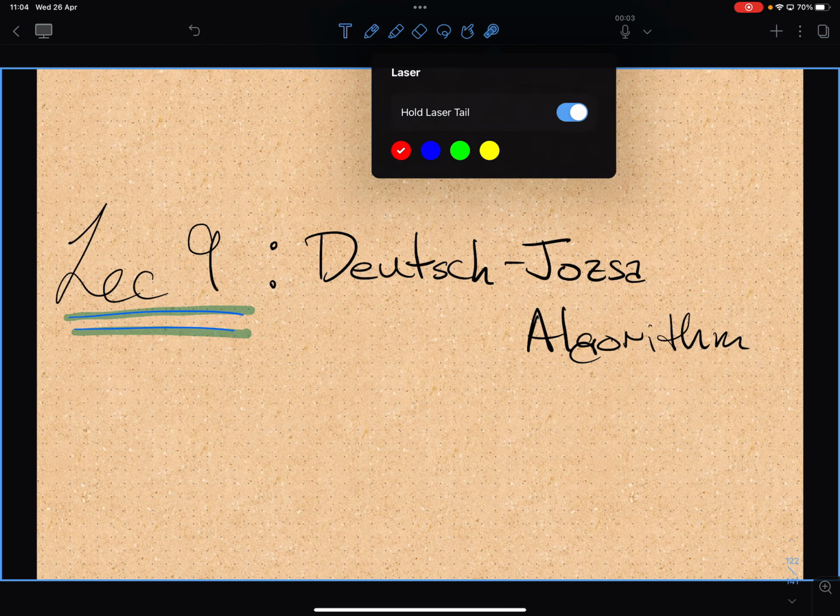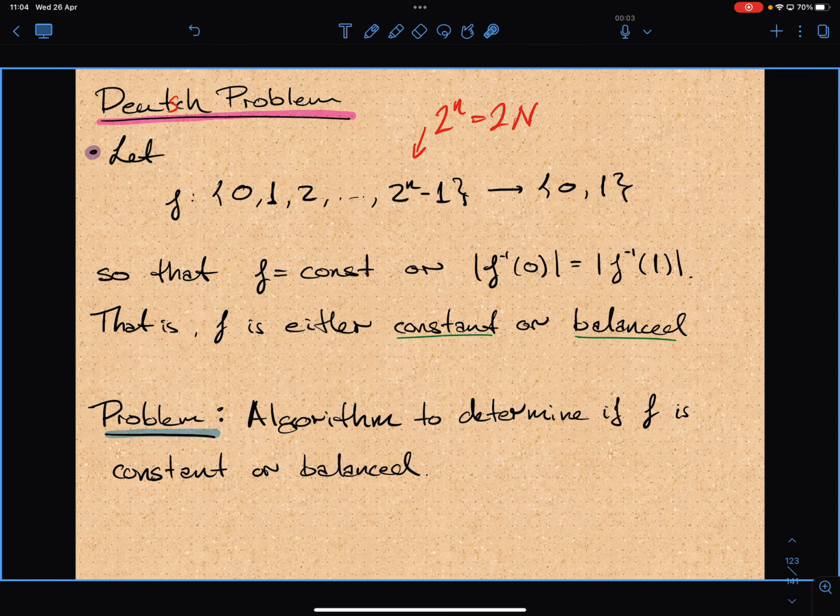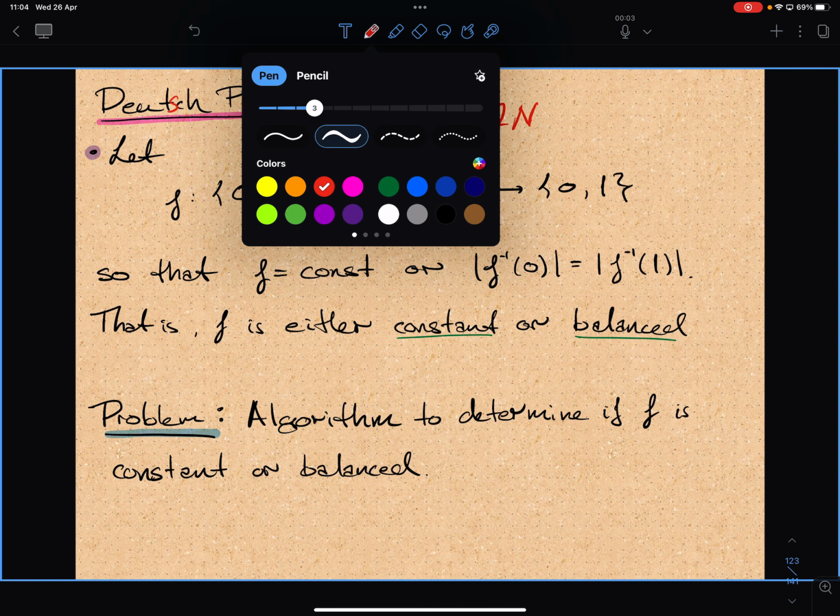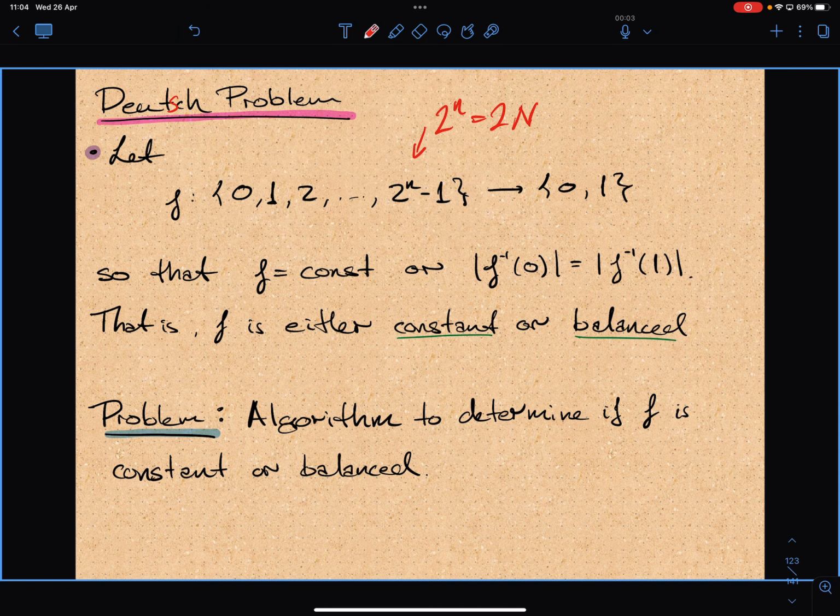So let me just recap the problem that we have for this Deutsch-Jozsa algorithm. We have a function from 0 to 2N minus 1, with capital N, where I made this identification of little n and capital N. And I'll be dividing by 2, so that's why I keep it as an even number.